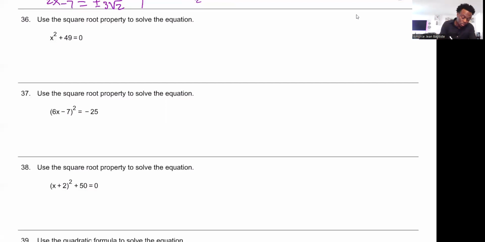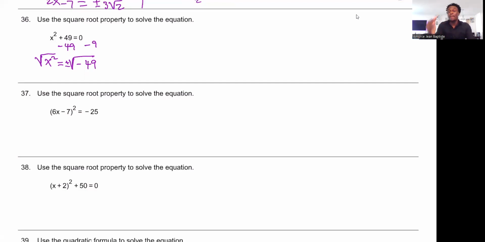Okay, so that's why we subtract 49 on both sides here, and x squared equals negative 49. And then we take the square root of both sides in order to get the solutions, and then plus or minus. But there is a situation here that we need to take care of, because we see a negative sign inside of the square root.